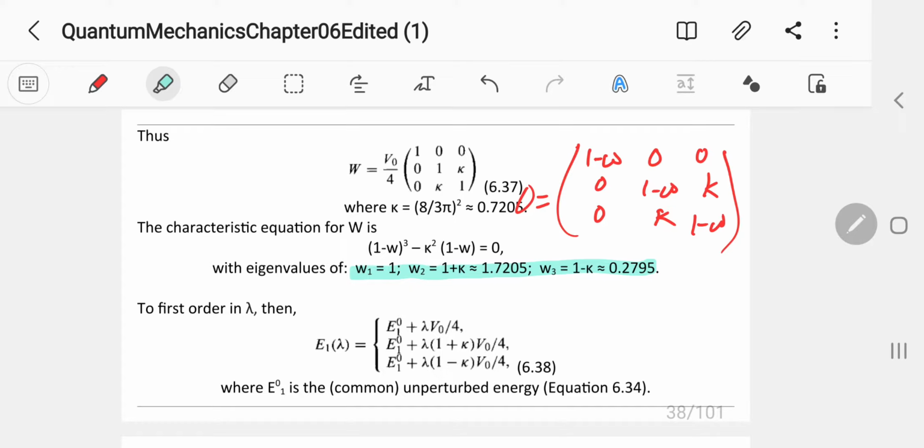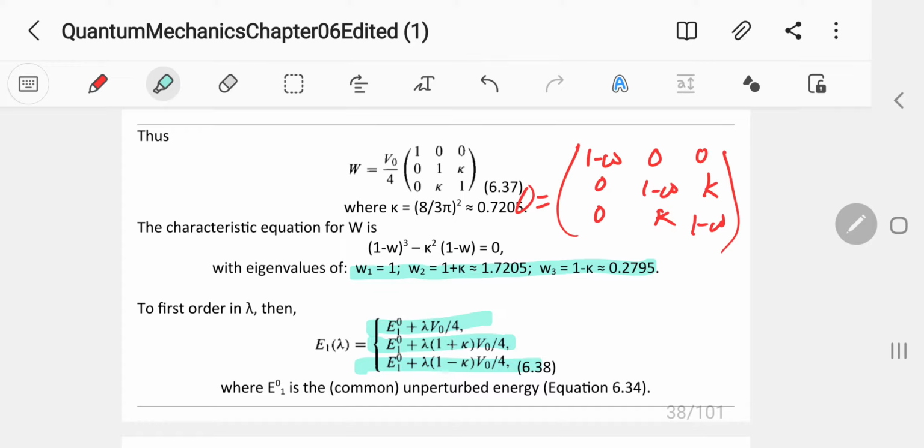And the first order correction would be this here.